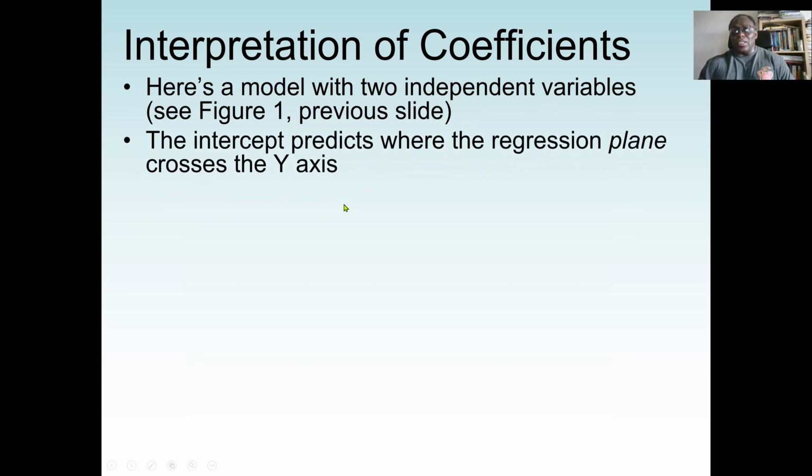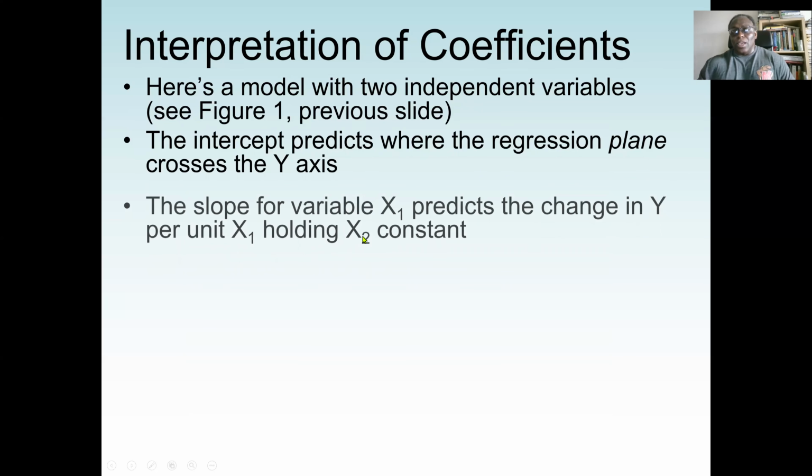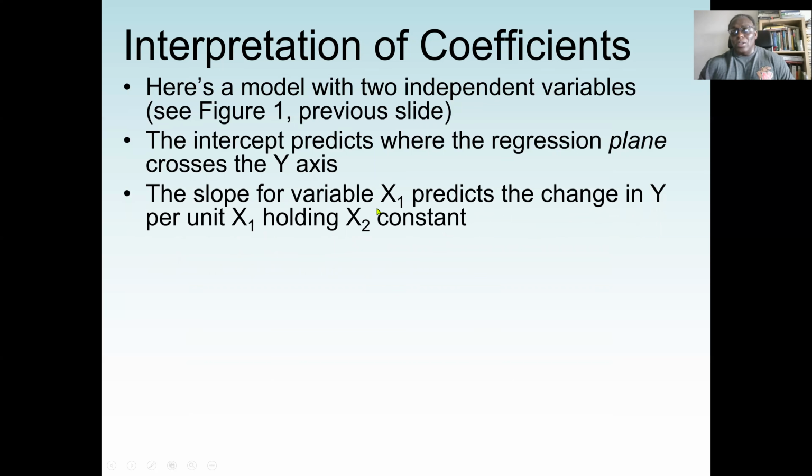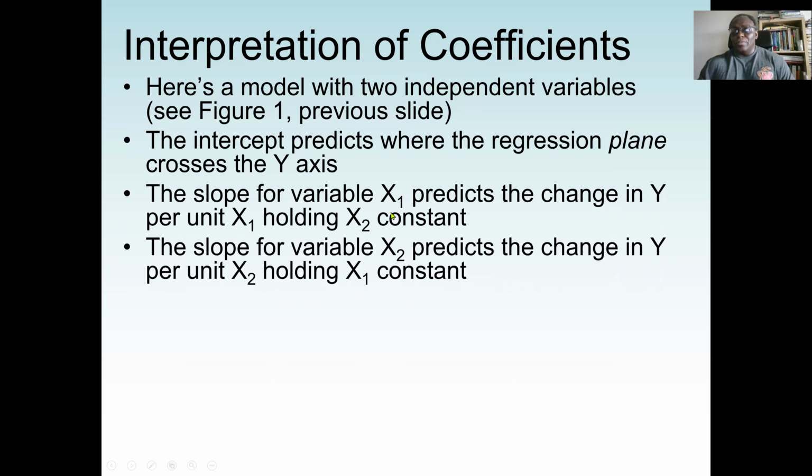And the slope for x1 predicts the change in y per unit of x1, holding x2 constant. The same goes for the slope for x2: it predicts the change in y per unit of x2, holding x1 constant.